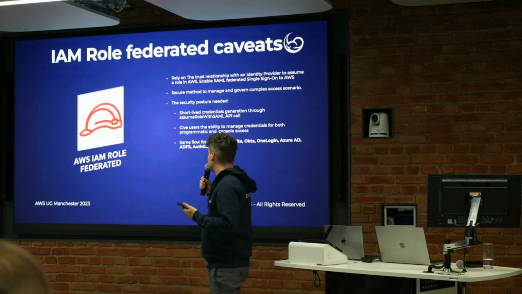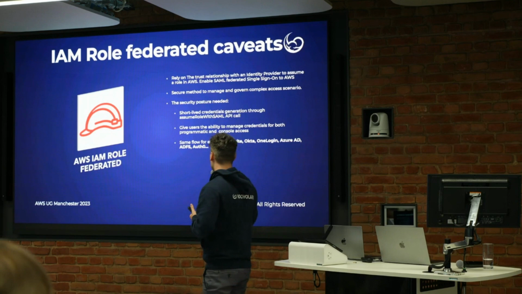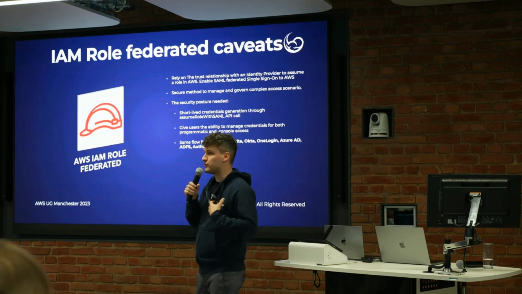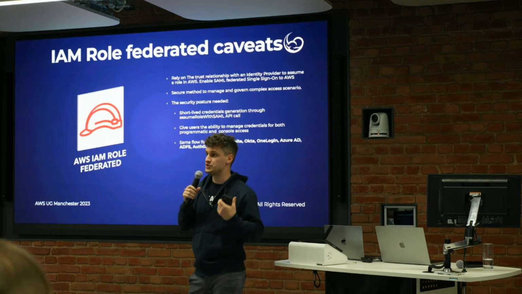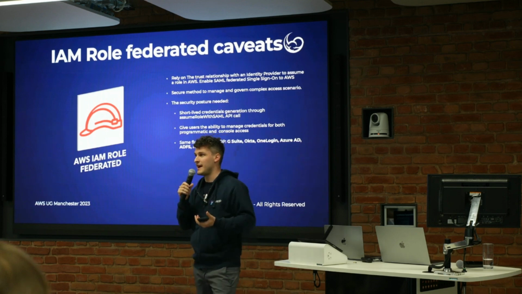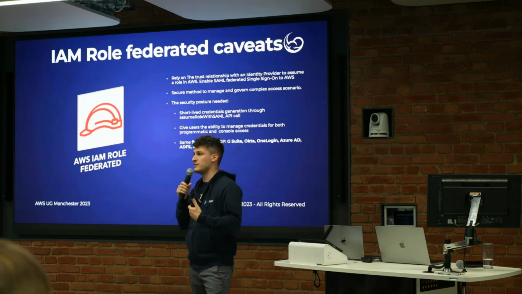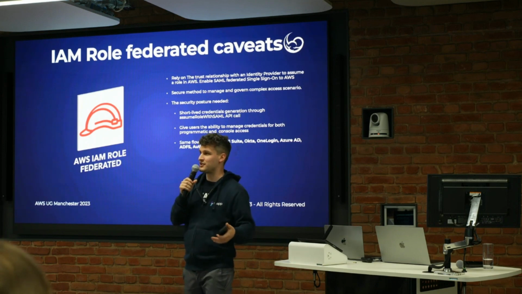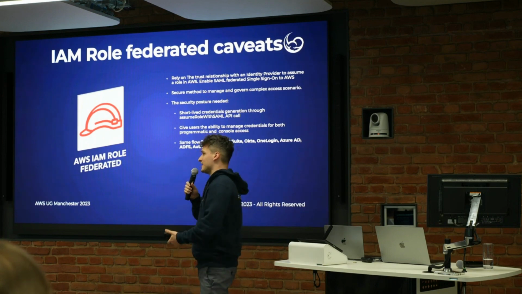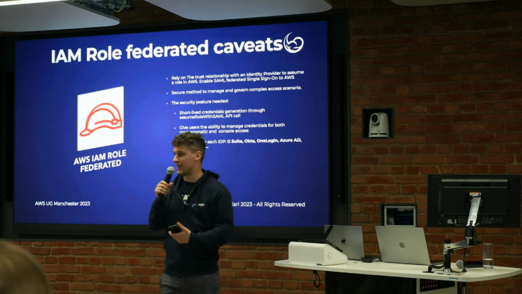For AWS Role Federated, I think this is one of the most community stories, since our workflow was through G Suite, which was our identity provider, but each identity provider has its own workflow to generate short-lived credentials. So it's really a pain to do that.